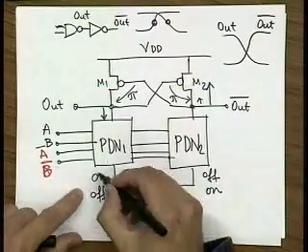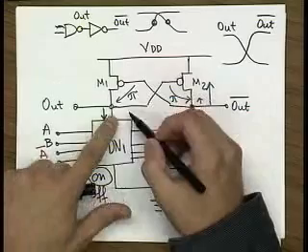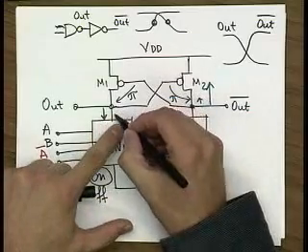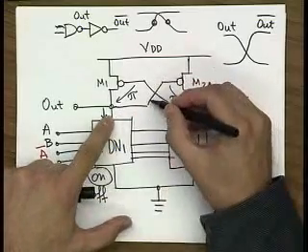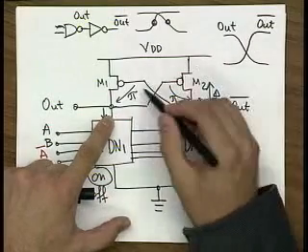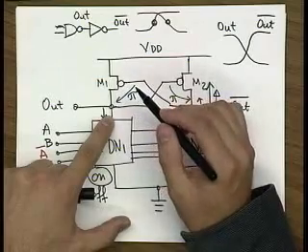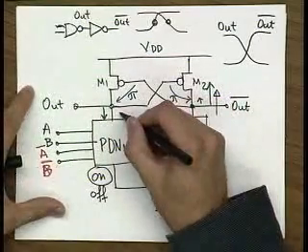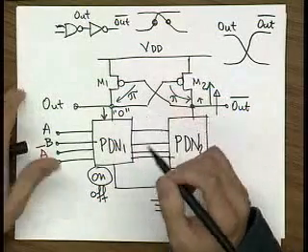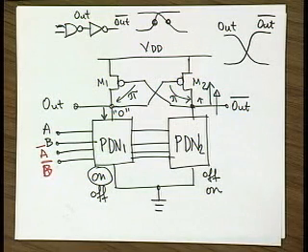So when this one is on, this one is then pulling down, going towards 0. Then this transistor is pulling up, and that turns off this transistor M1, and this one pulls down all the way to 0. So that's another good thing about this logic family. It pulls down all the way to logic 0.